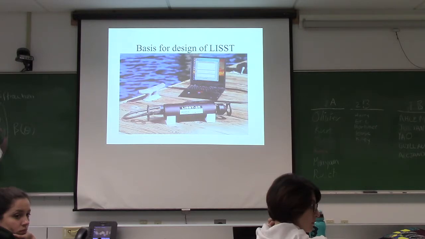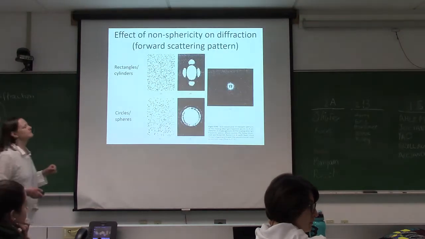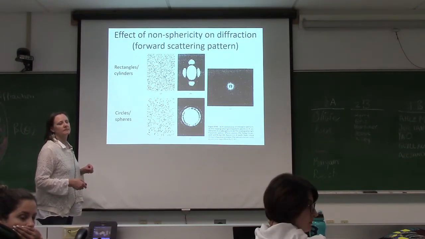To get this whole shape, you only have to measure a fourth of that pattern, because it has a kind of cosine symmetry. So the detectors are a fourth of a circle, and then you multiply by 4 to get the answer for the full circle.